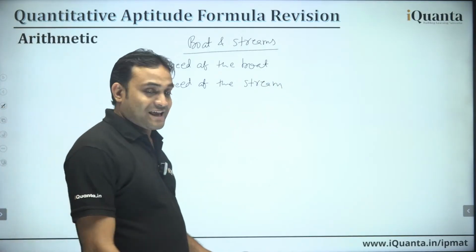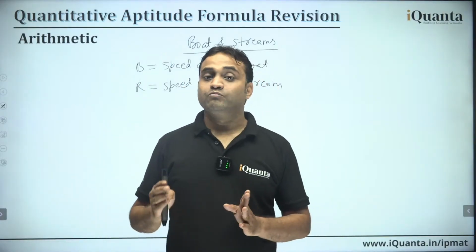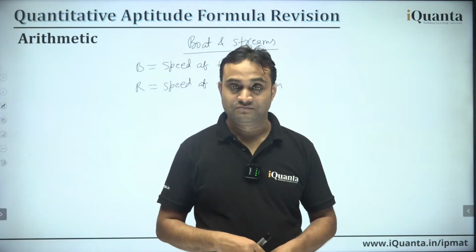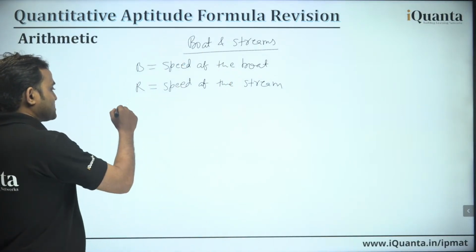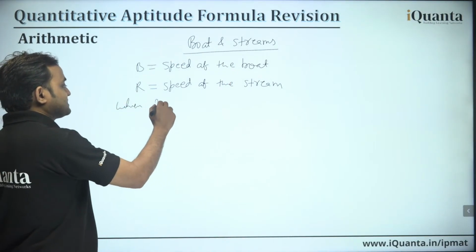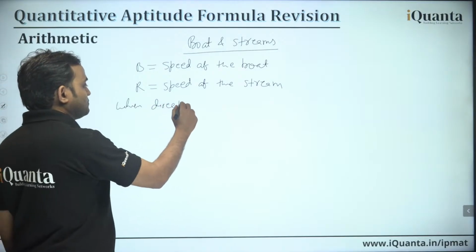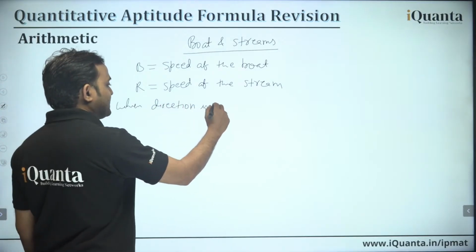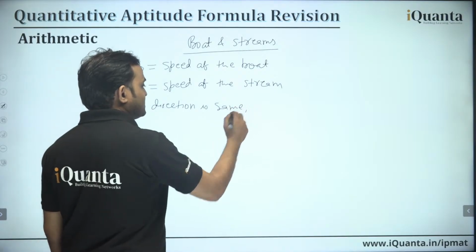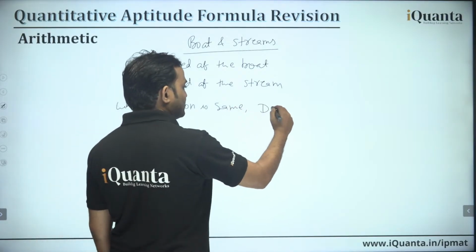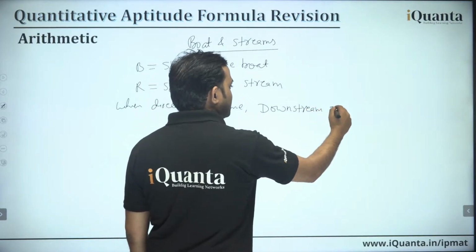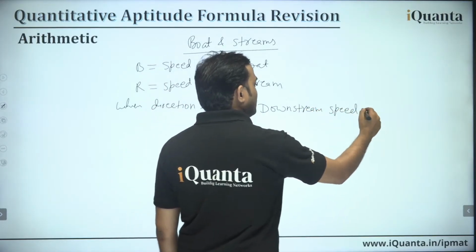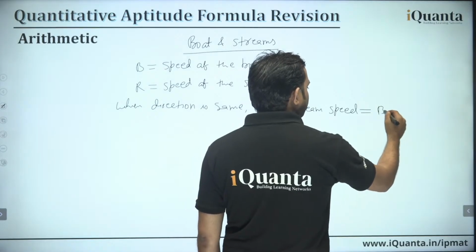Now in this scenario, when the boat and river are both moving in the same direction, we call it downstream. So when the direction is the same, the downstream speed will be equal to B plus R.